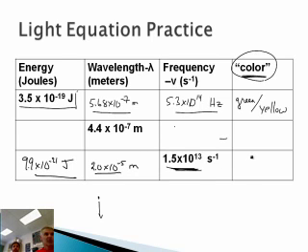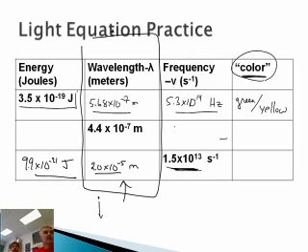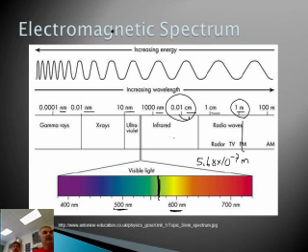When we look at the chart, it's best to focus your eyes on the wavelength. The wavelength is the key there. So if I say 2 times 10 to the minus 5 meters, we can convert it to nanometers.